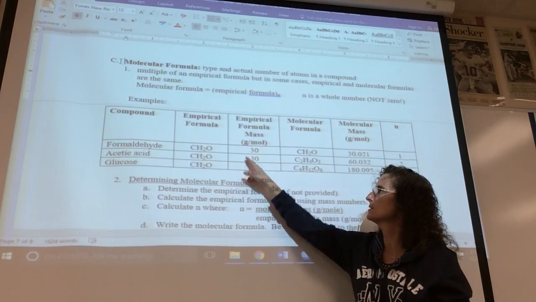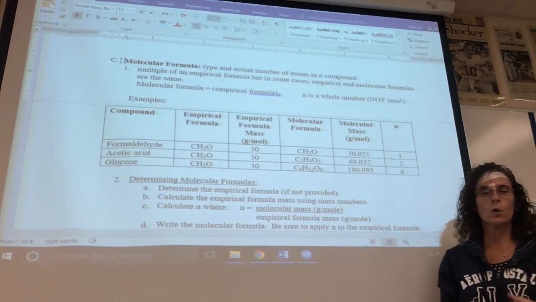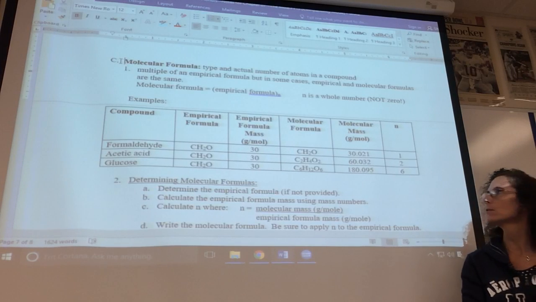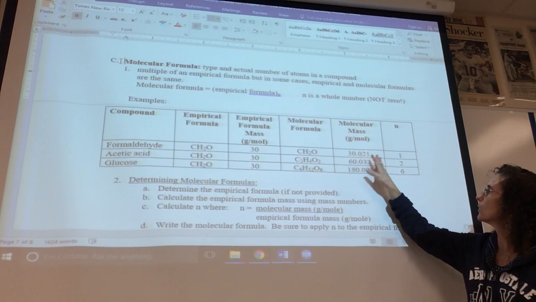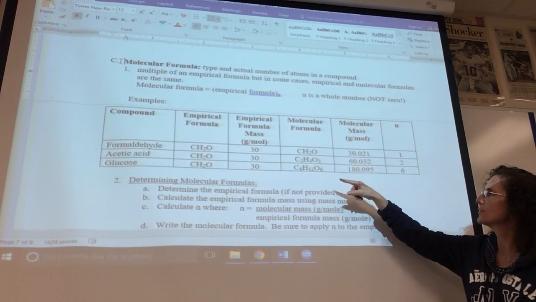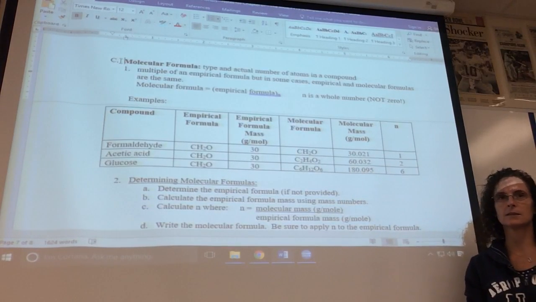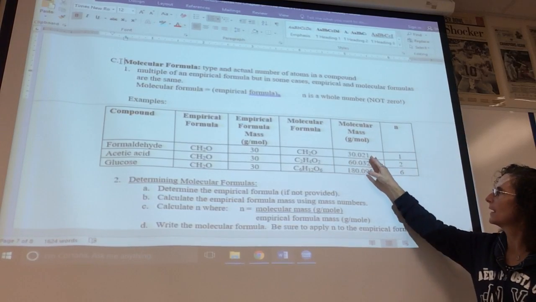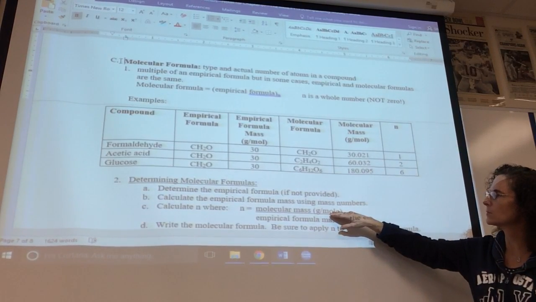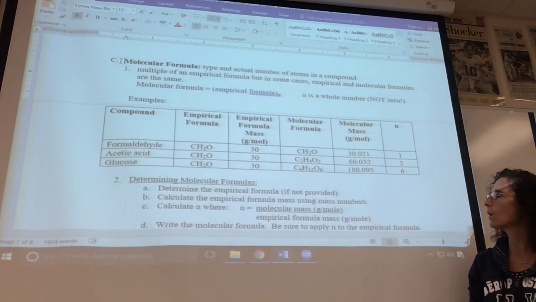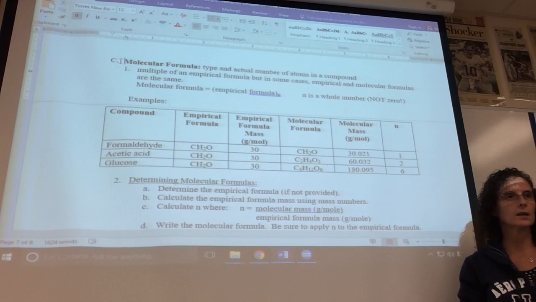Now this was a simple rounding, so when you divide you may not get a perfect whole number, but you're going to get something very close. So 30 over 30 is 1, 60 over 30 is 2, 180 over 30 is 6. So you also can get the value of n by dividing the molecular mass in grams per mole by the empirical formula mass in grams per mole. And that's what we're going to be doing here.